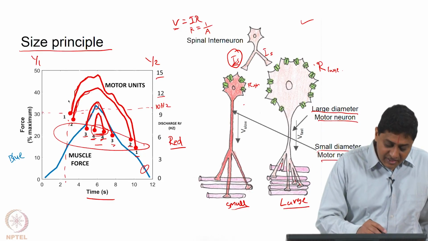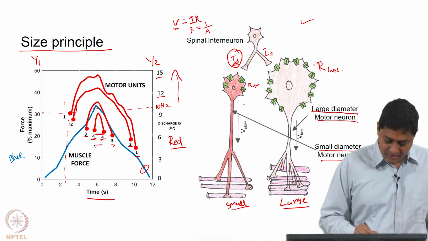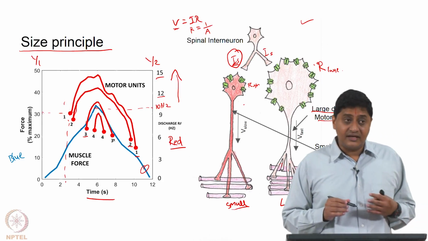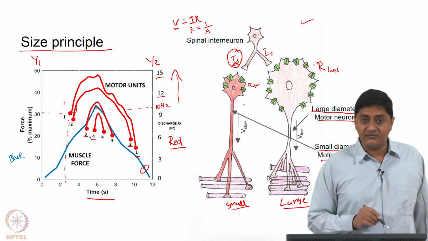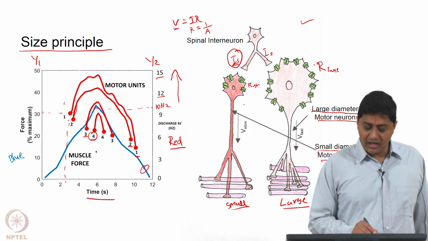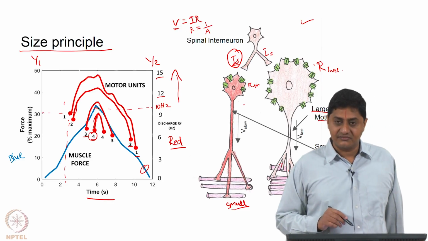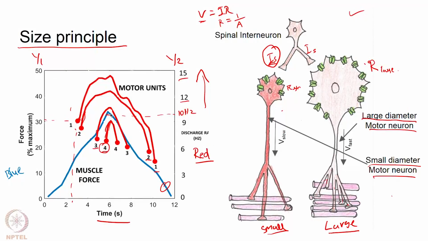And as I keep increasing the discharge rate, it seems that the force is increasing. That means the following: I can increase the force either by recruiting the stronger motor unit, which is the fourth in this case, or by increasing the discharge rate. If I increase the discharge rate or the firing rate of a motor neuron, then the force is going to increase.